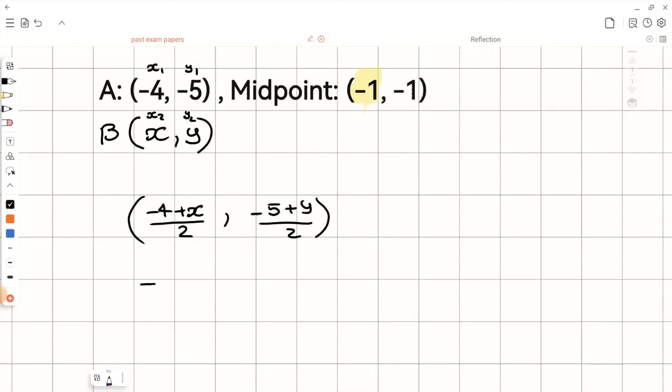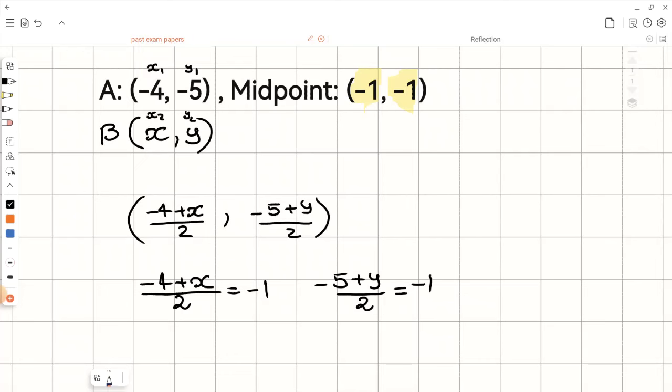So I'm going to rewrite (-4 plus x) divided by 2, and then I'm going to make it equal to negative 1. Let's look at the y coordinates. We know that if we add y1 and y2 and divide by 2, that's going to give us the y coordinate of the midpoint, which is negative 1 in this case. So I'm going to make it (-5 plus y) divided by 2 equals negative 1.